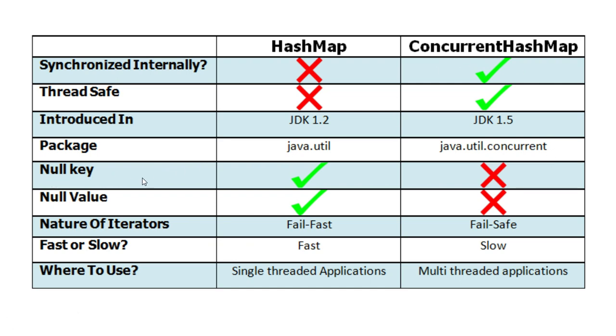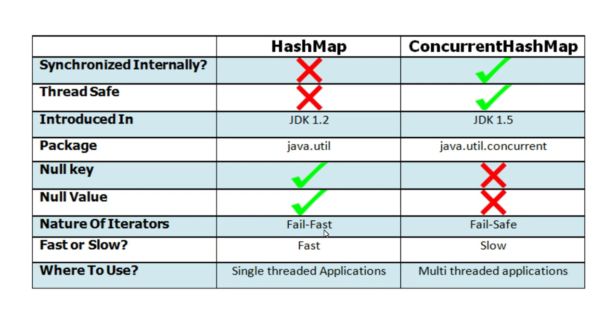Hash map allows a null key and null values, but concurrent hash map will not allow any null key or null value. Nature of iteration: the hash map is fail fast.